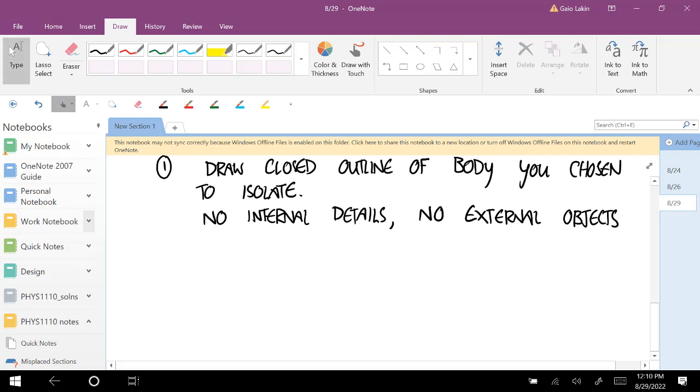So for example, you have a car stuck in the mud, and there's a pig on the car.